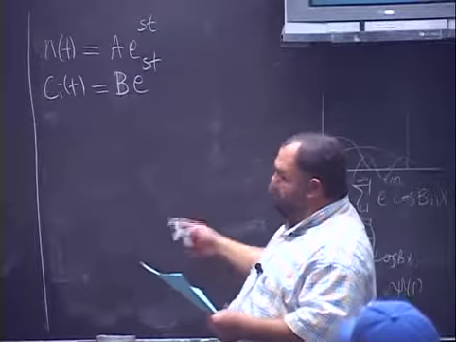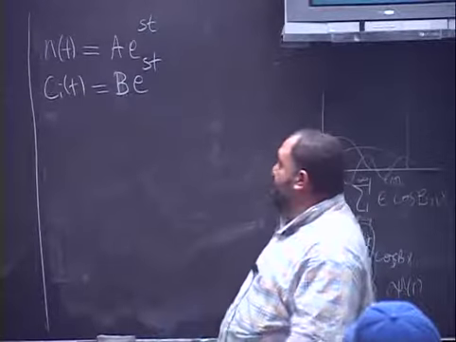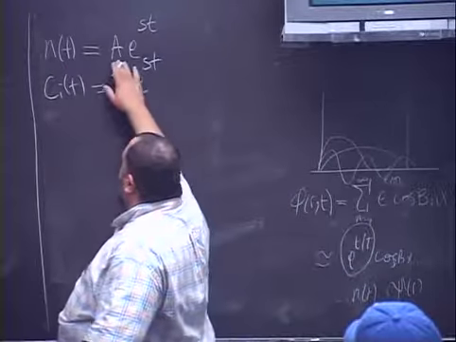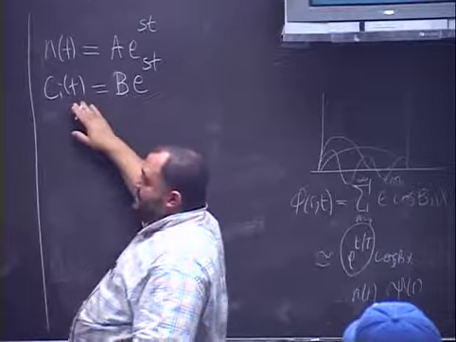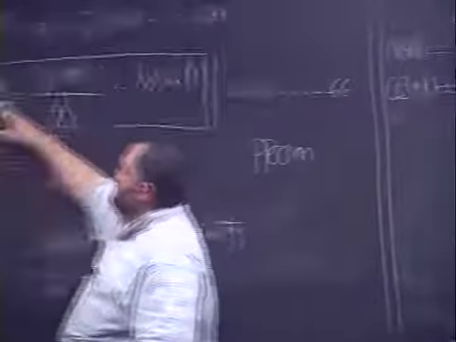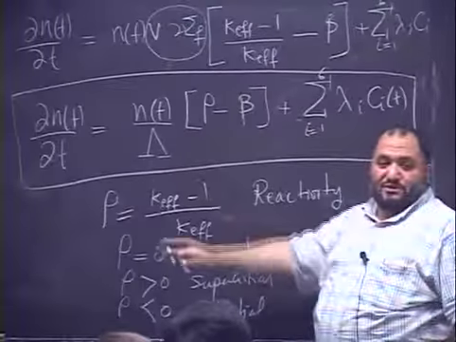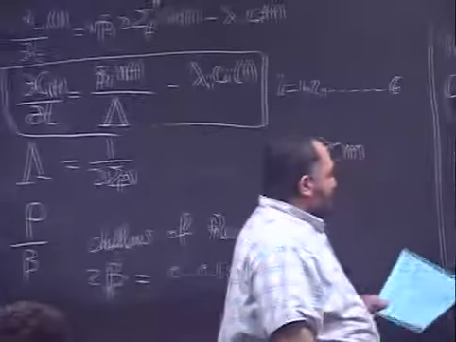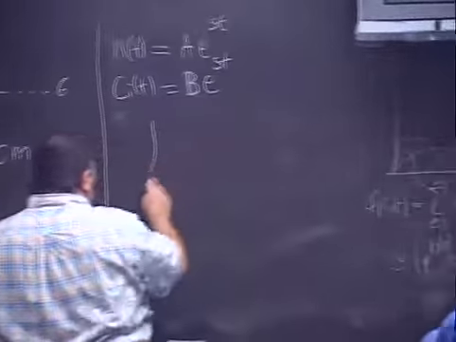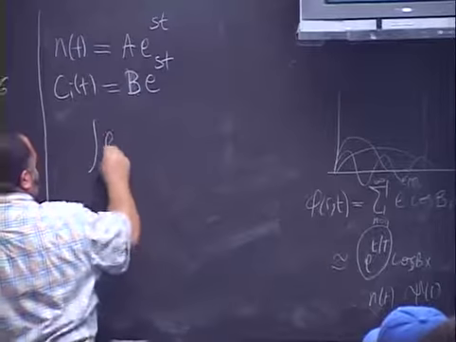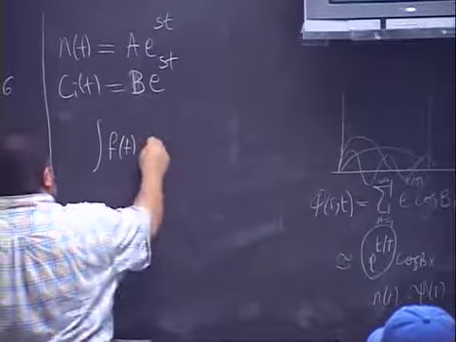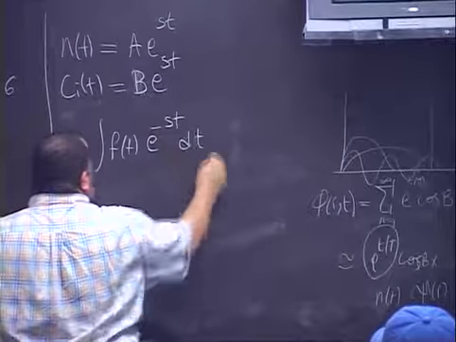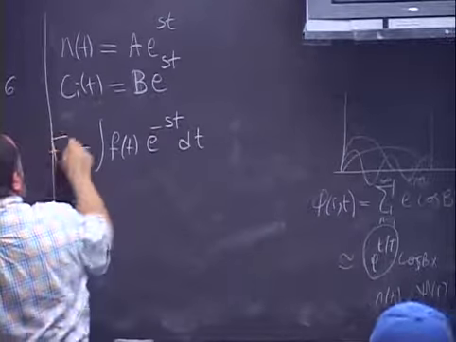So if we assume those functions, and you do take the Laplace transformation, so this would be n of t is this and c of t is this. So substitute here with n of t and c I of t. If you take the Laplace transformation for the two sides, which is the function f of t e to the power of minus st dt from 0 to infinity, this is called f of s.